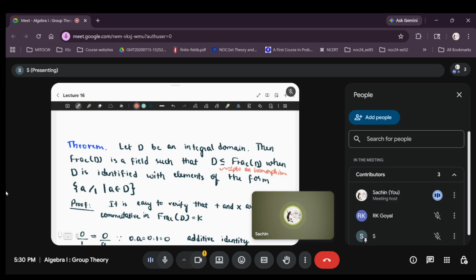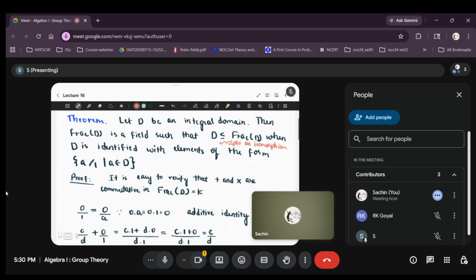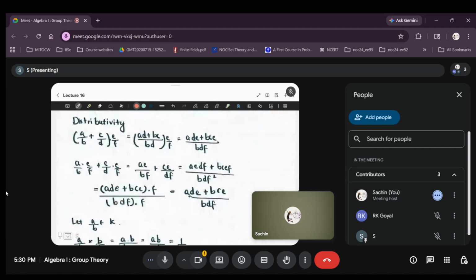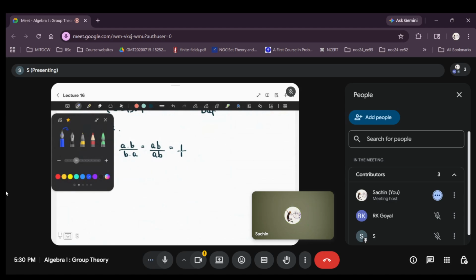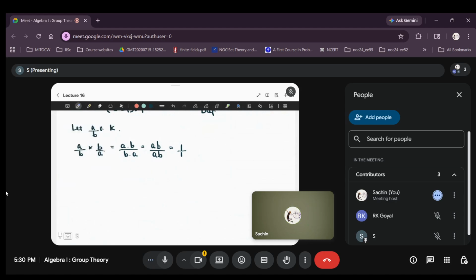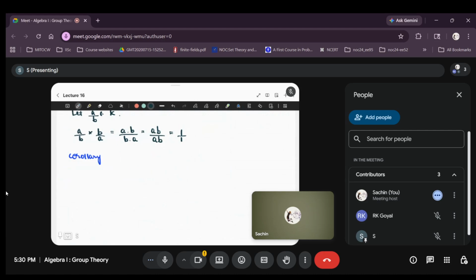So this set frac D is called the field of fractions. Given any integral domain, you can form a field in this way. Then, as a corollary: let F be a field.